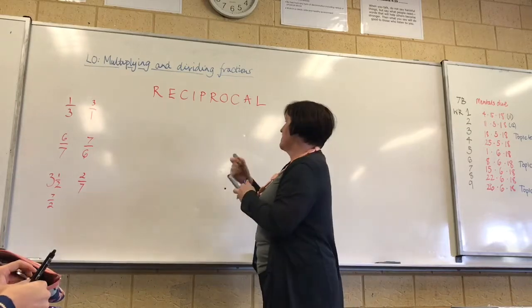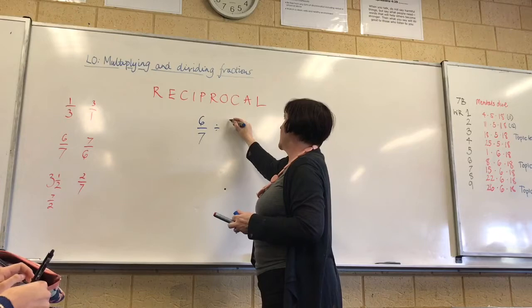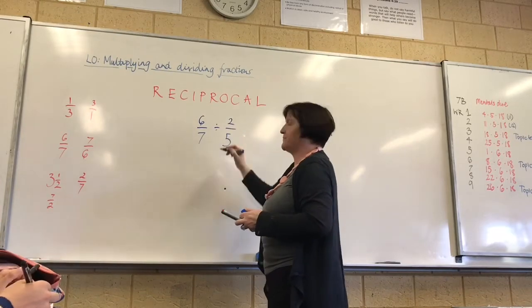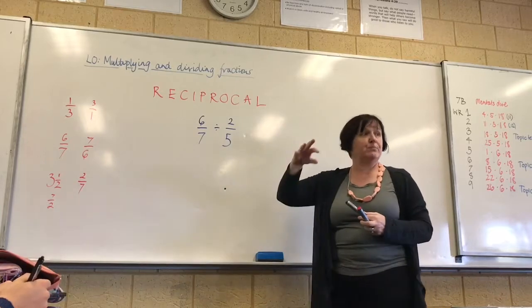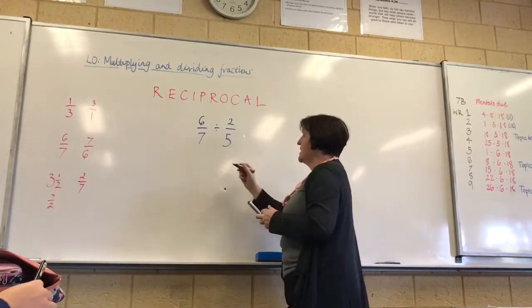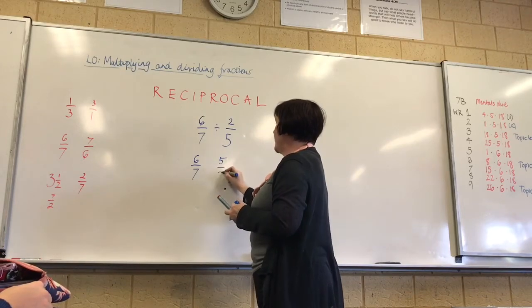So if you've got something like 6/7 divided by 2/5, the first thing you would do is find the reciprocal of the second fraction. So it would become 6/7, and then the reciprocal is 5/2.